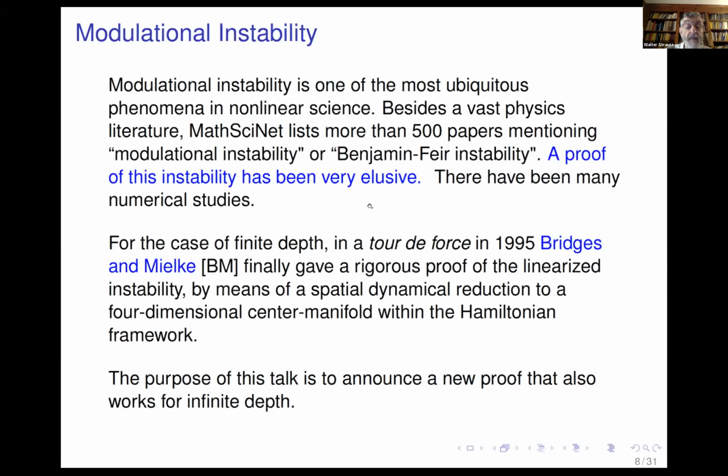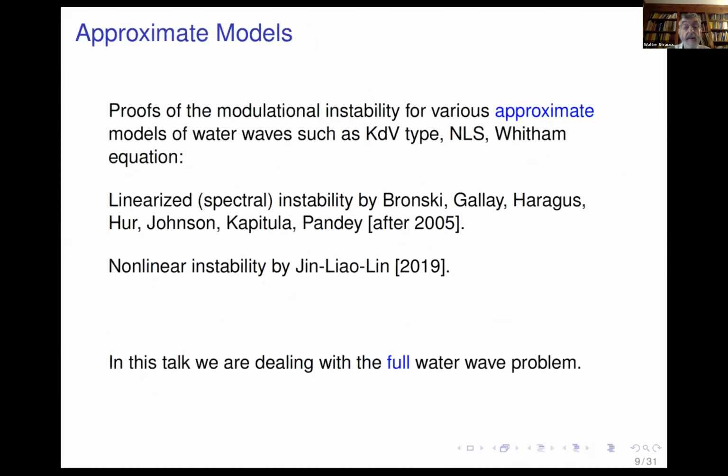And there's only been one proof, and that is by a very important paper by Bridges and Mielke in 1995, who proved it in the case of finite depth using a center manifold type of proof, spatial dynamics. And my talk is about a largely different proof that works for either finite or infinite depth.